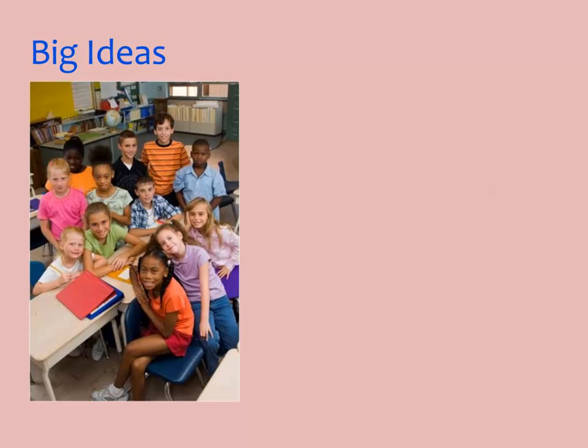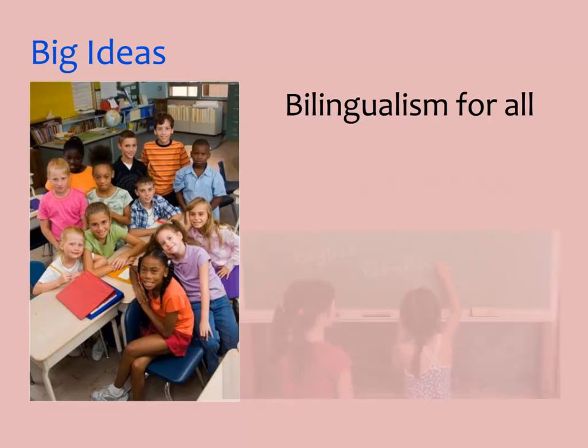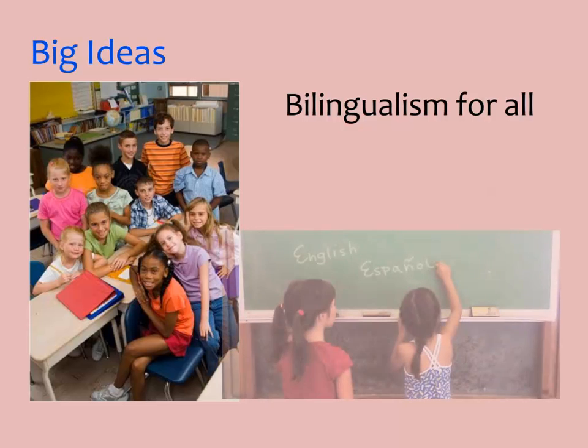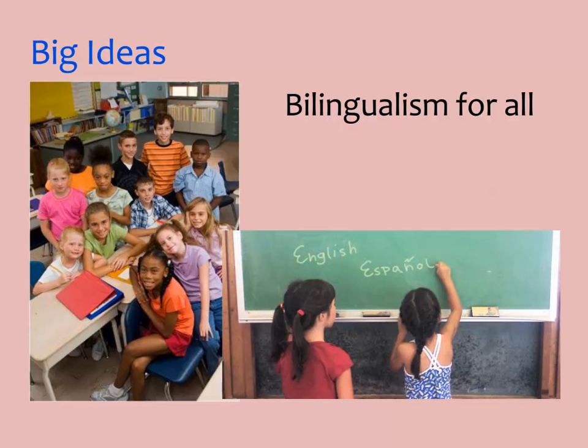Three big ideas guide this module. The first is that the development of academic bilingualism is a benefit for everyone, and at a minimum should be a goal of instruction for bilingual learners, regardless of what kind of program or school they are in. Very likely you are working in a setting where most or all of the instruction is in English, but you can still promote and foster a positive orientation to bilingualism among your students.